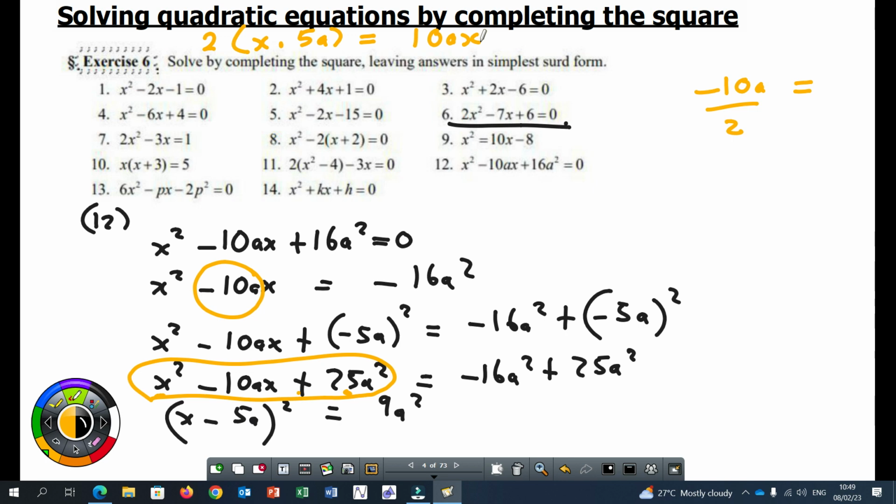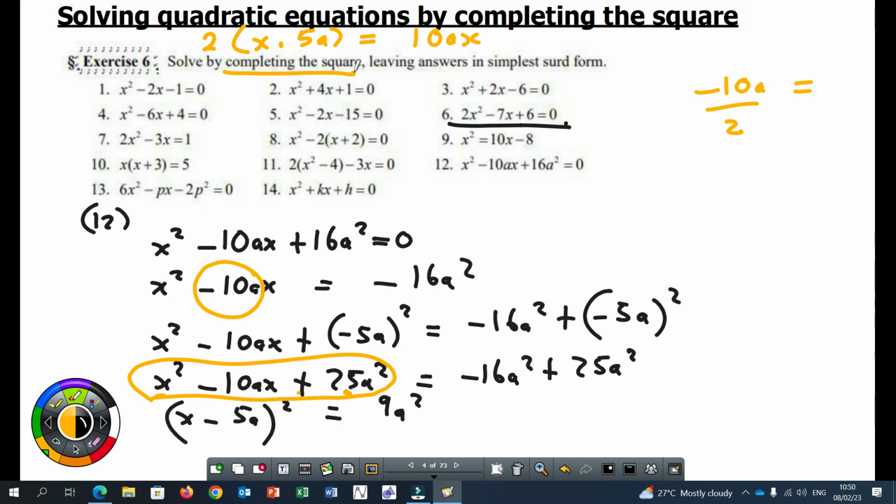Yes? We are following the instruction. The instruction says solve by completing the square. Yes. That is if the trinomial can be factorized.